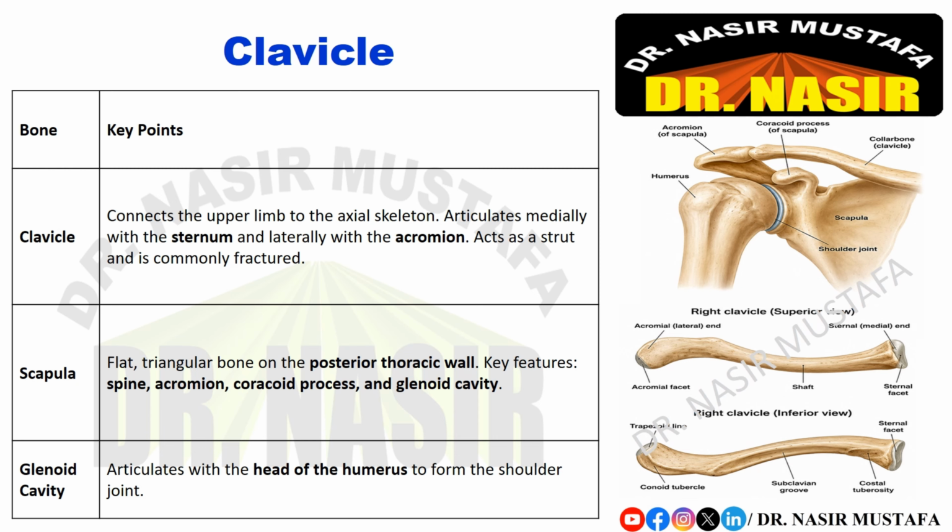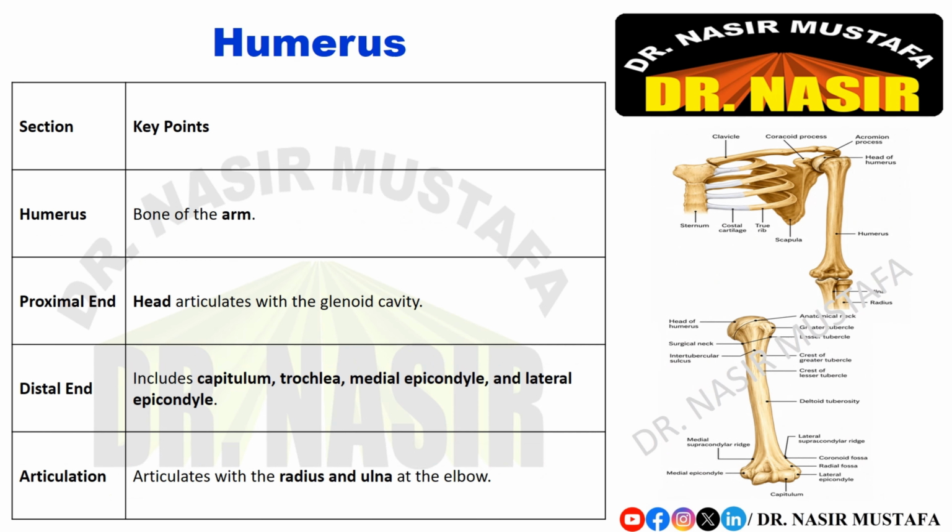Scapula. The scapula or shoulder blade is a flat triangular bone located on the posterior thoracic wall. Important features include the spine of the scapula, acromion, coracoid process, and glenoid cavity. The glenoid cavity articulates with the head of the humerus to form the shoulder joint. Humerus.